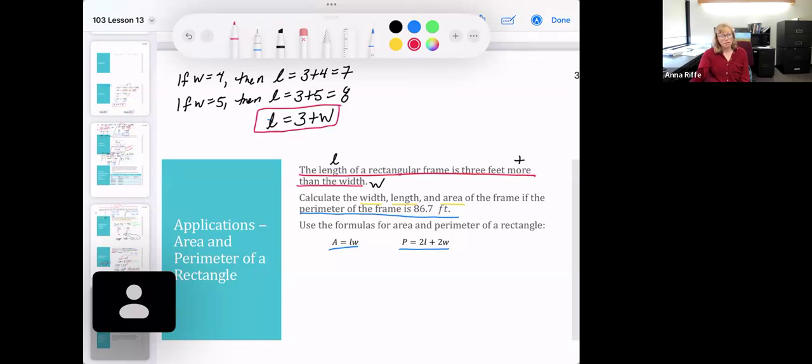That doesn't tell us length and that doesn't tell us width. That just tells us the relationship between the two. And we're going to use that to solve. Okay, questions on that before I move on with solving this?